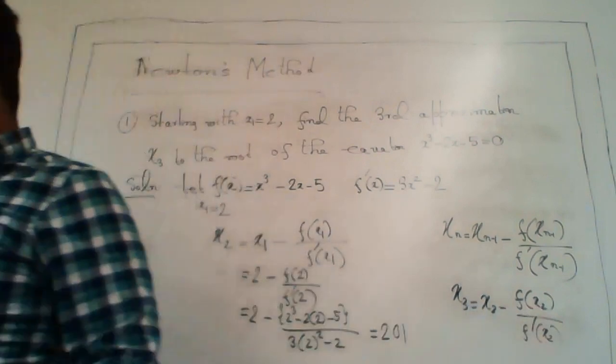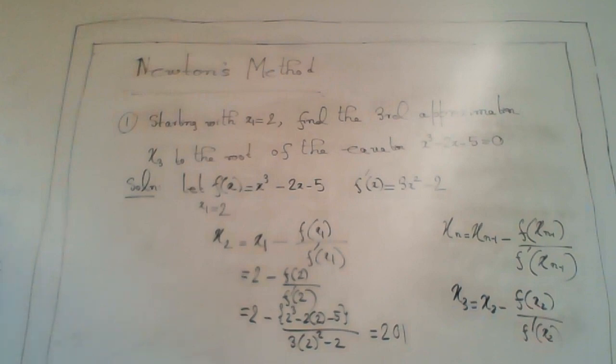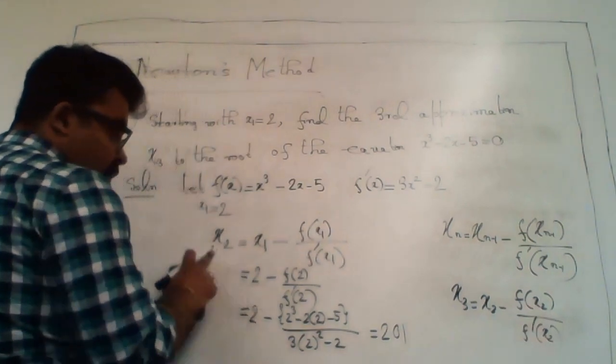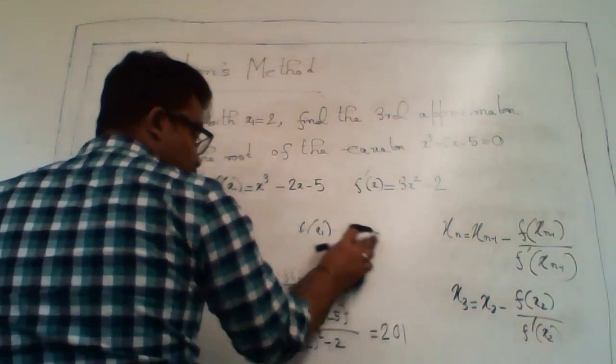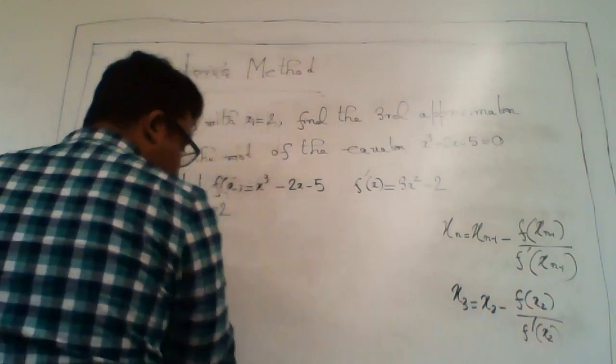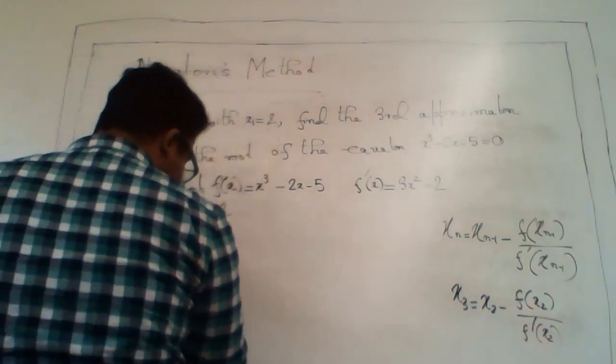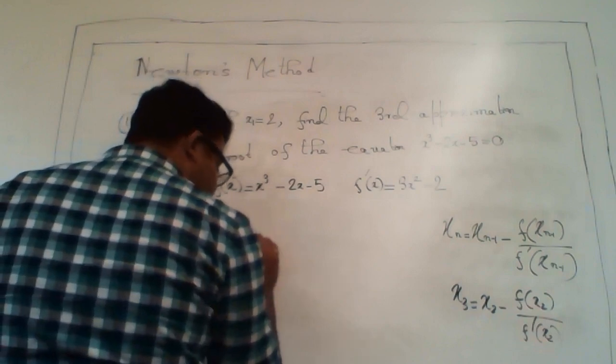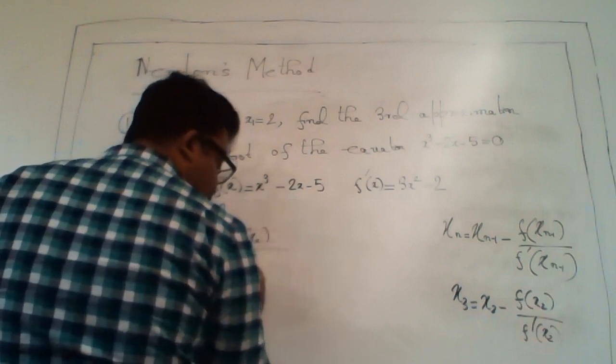So let's do it. So now we know x2 is 2.01. So x3 will be x2 minus f of x2 divided by f prime x2.